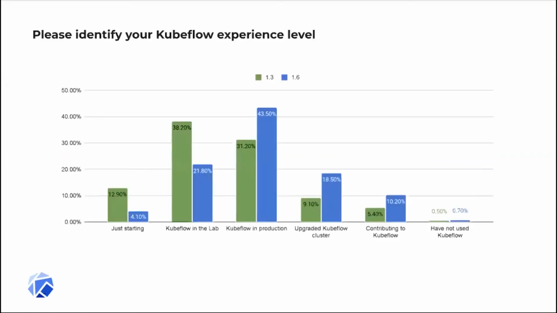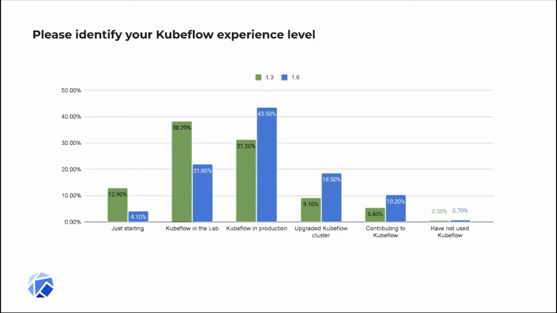So the first comparison we will do is identifying Kubeflow experience levels. In this multi-bar graph, the left side, which is green, represents the 1.3 release, and the right side, which is blue, represents the 1.6 release.